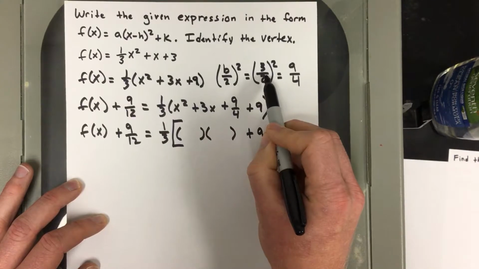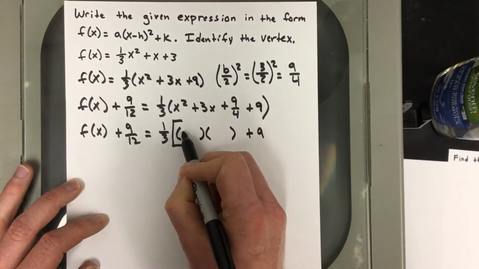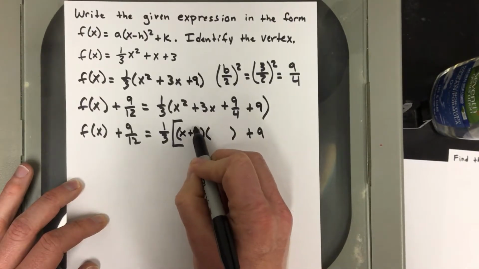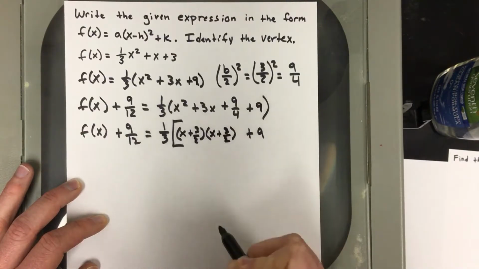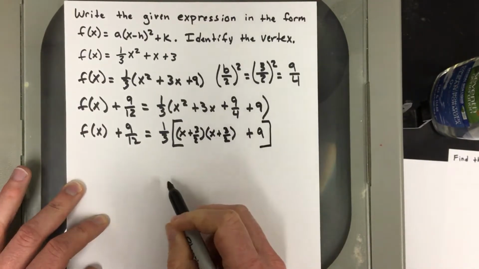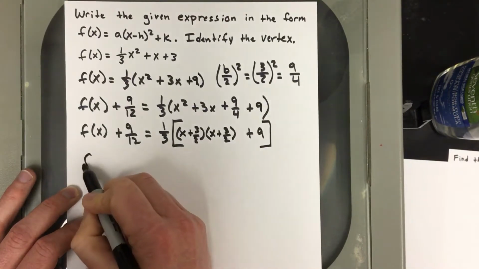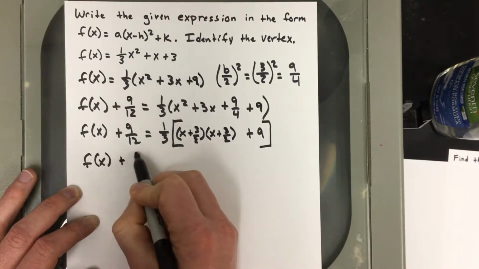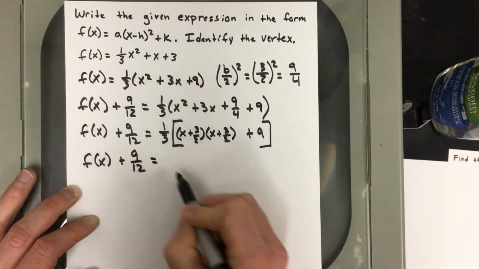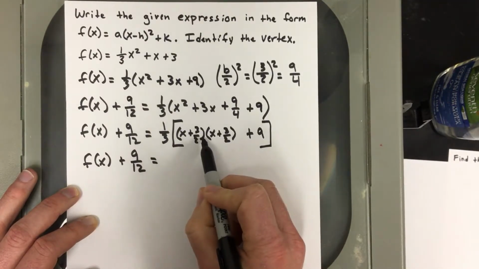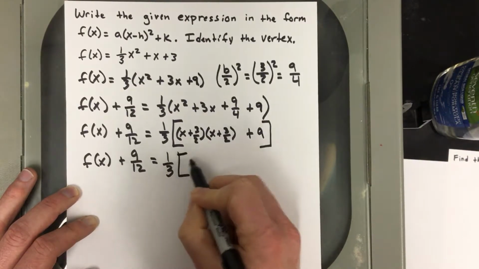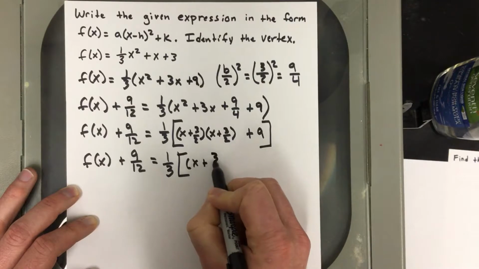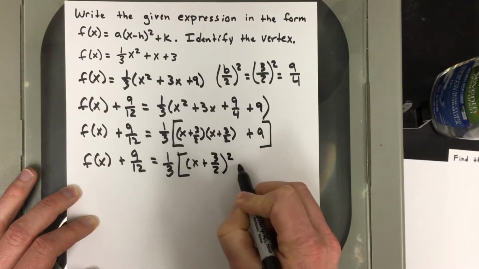So obviously 3 over 2 plus 3 over 2, that's 1.5 plus 1.5, would give me the 3. So I need to have in here x plus 3 over 2 and x plus 3 over 2. Bracket. So then after that, I'll have f of x plus 9 over 12 equals, this will give you x plus 3/2 squared. So that's 1/3 times x plus 3/2 squared plus 9.